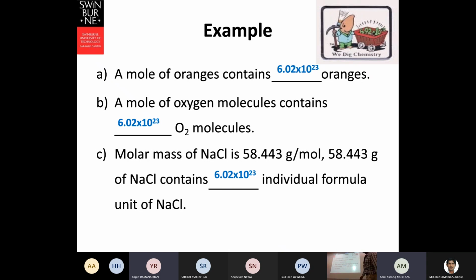So you see that 1 mole of oranges contains this many oranges, and 1 mole of oxygen molecules contains this many oxygen molecules. There are tricks we do, not me only, every one of us, to test whether students are attentive enough, whether they listen to us.